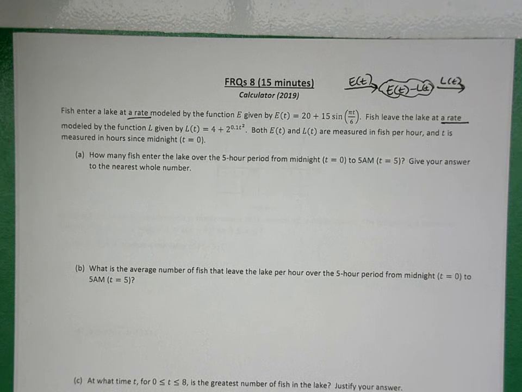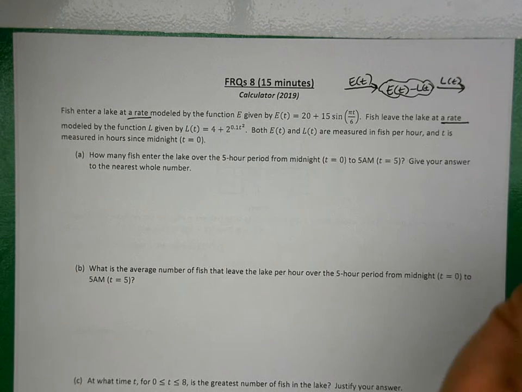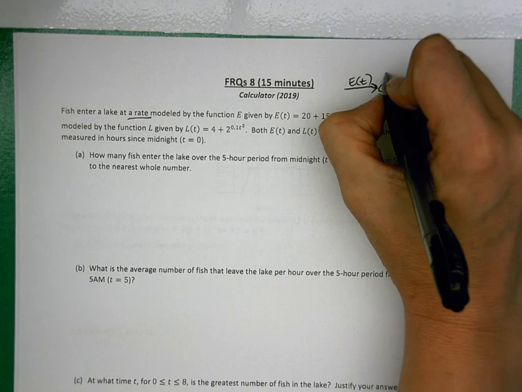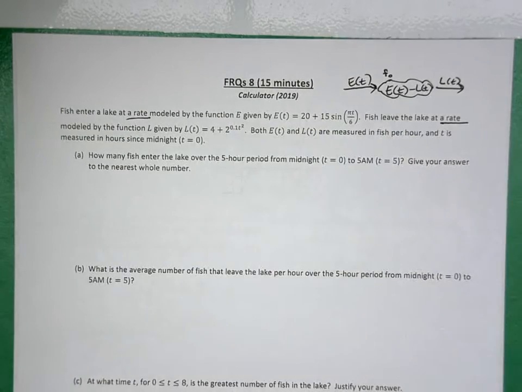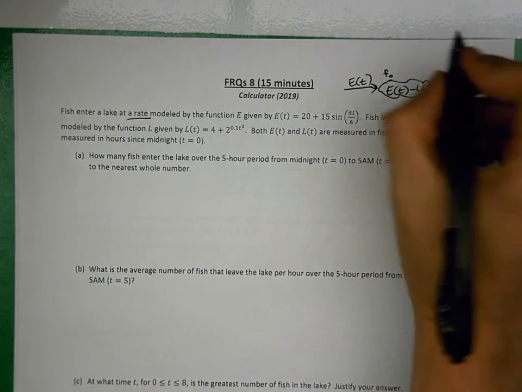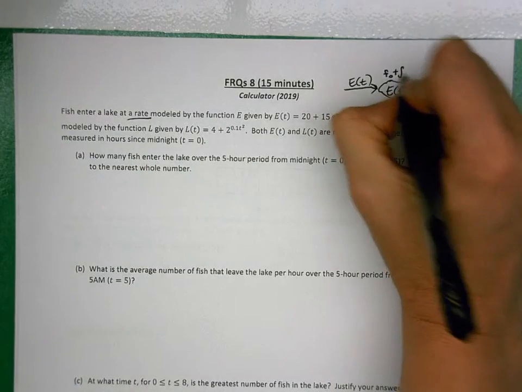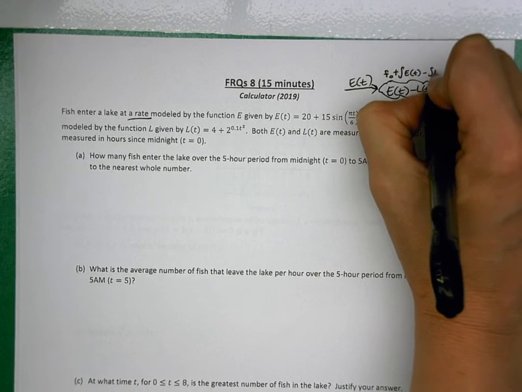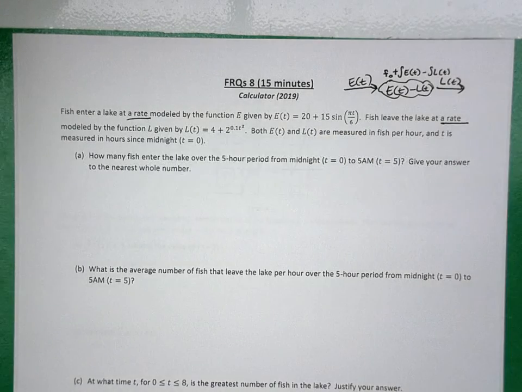There've been several that we've done, so I always do the total in the lake. Now this particular problem didn't give me that starting amount, so I'm going to call my starting amount F naught, for fish starting amount. So my F naught, however much started in the lake, some amount, plus the total integral entered the lake, and minus some amount that left the lake. So that's how many fish are in the lake, right?